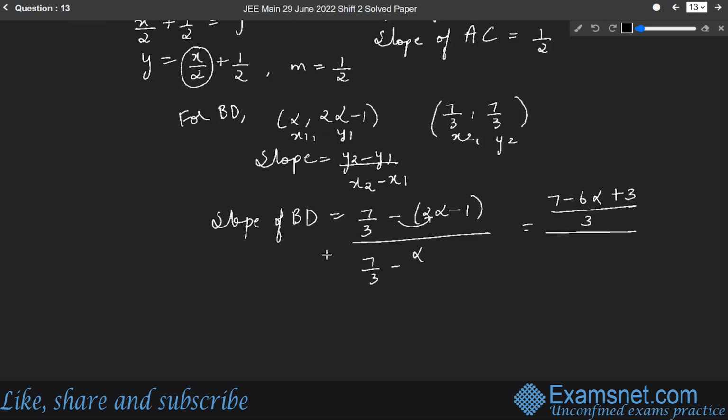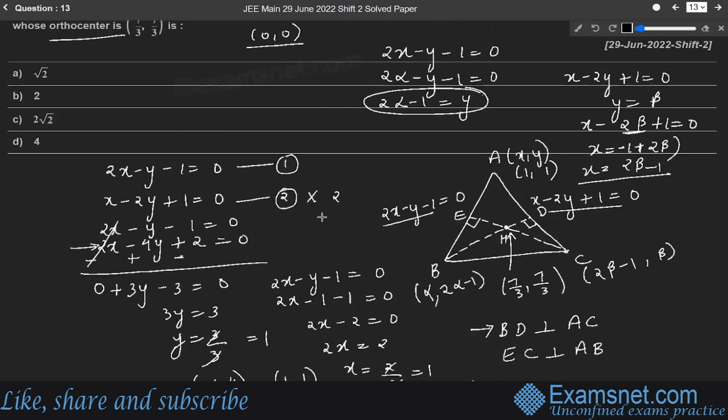So the numerator is 10 minus 6 alpha. Similarly, in the denominator, taking the LCM 3, the numerator will be 7 minus 3 alpha. So the 3 and 3 will cancel, and we have 7 plus 3 is 10. So 10 minus 6 alpha divided by 7 minus 3 alpha. This is the value of the slope of BD.